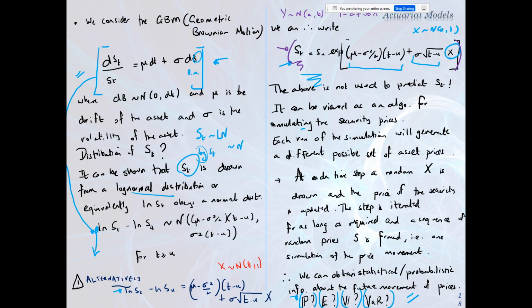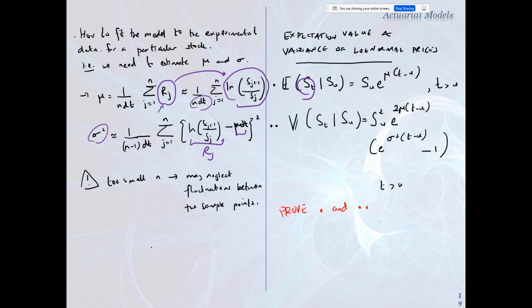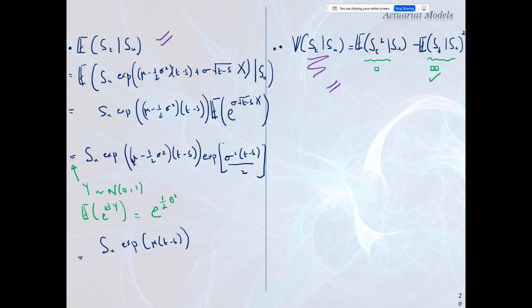Everything in this formula is deterministic except this. So your S_t is given by a set of deterministic parameters plus one stochastic part, which is this X here, which you will replace here to be able to do the calculation.